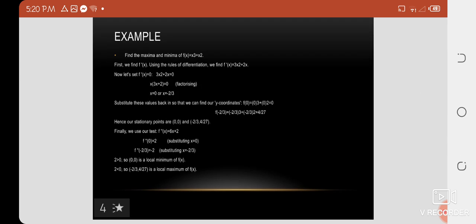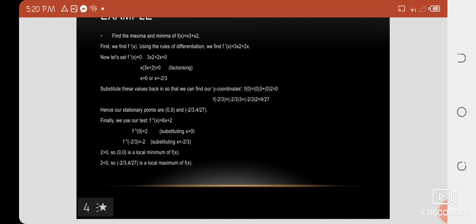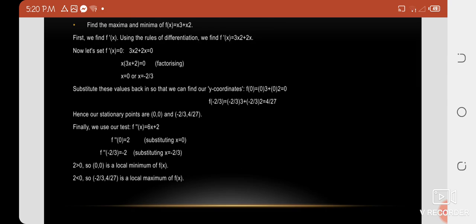Example: find the maxima and minima of f(x) equals x^3 plus x^2. First, we find f'(x) using the rules of differentiation. We find f'(x) is equal to 3x^2 plus 2x.